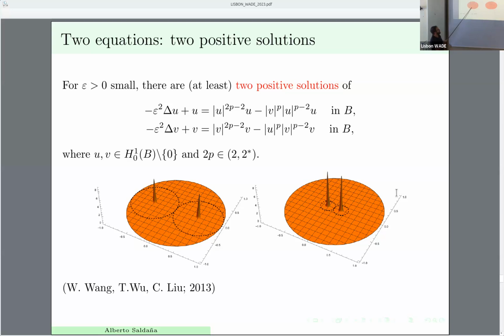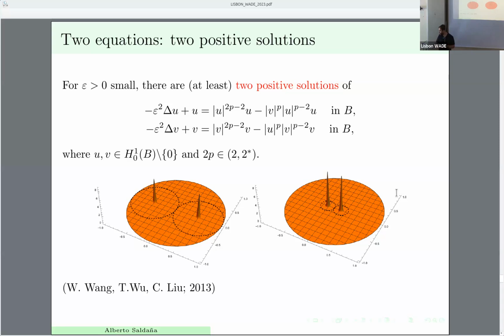This one is called the sphere packing position, because the concentration peaks for epsilon very small look like they are also optimizing the distance between them and the distance to the boundary. Okay, so this is one of the positive solutions. This is the solution that has least energy. And then we also have this other solution with two peaks closer together, but more concentrated. The height of these two solutions is higher than these two here.